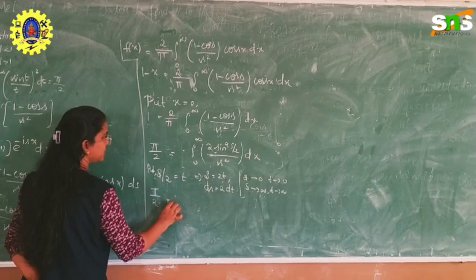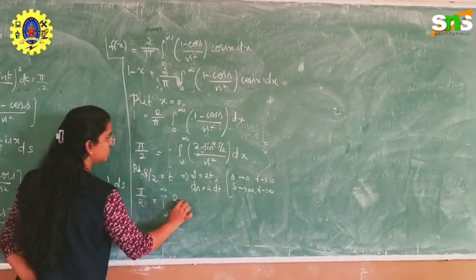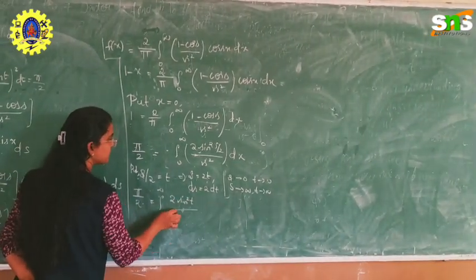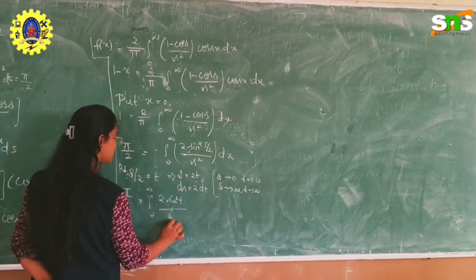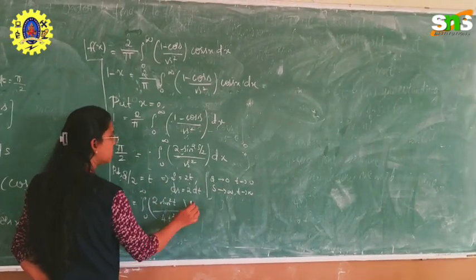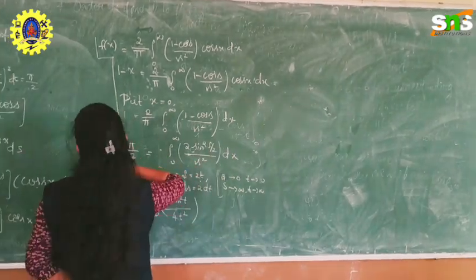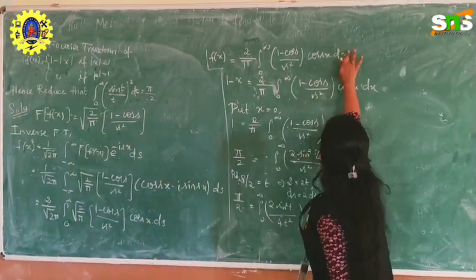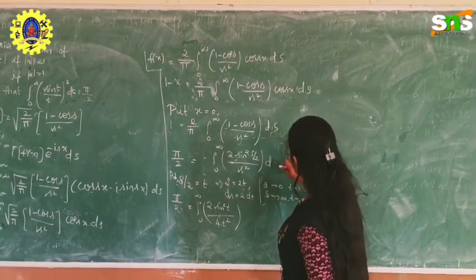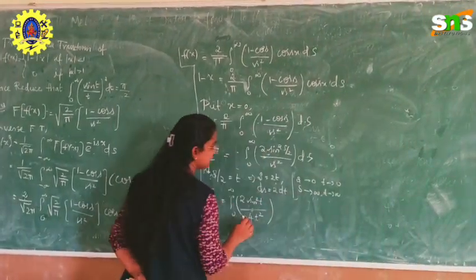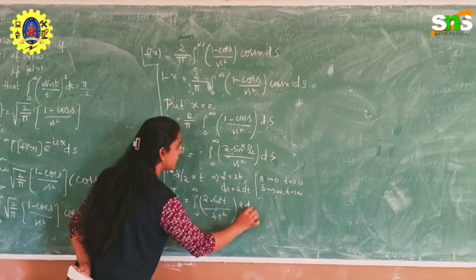So pi divided by 2 is equal to integral 0 to infinity 2 times sin square t divided by s square, which is 2t the whole square, which is 4t square. What is ds? I'm so sorry, I wrote it as dx, it is ds. What is ds? 2 times dt.